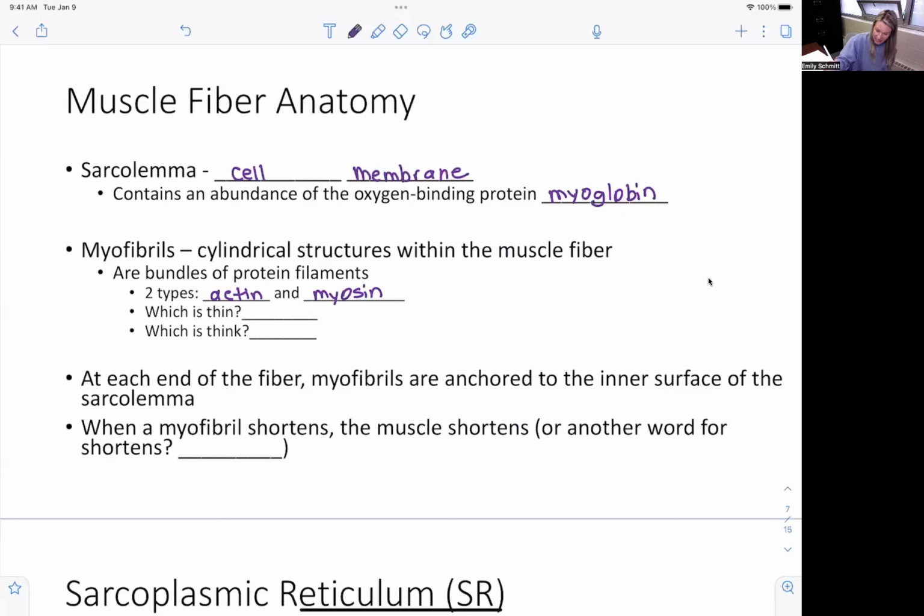The thin is called actin, and the thick is called myosin. So at each end of the fiber, these myofibrils are anchored to the inner surface of the sarcolemma. And so when a myofibril shortens, the muscle shortens. And so another word for skeletal muscle shortening is contraction.